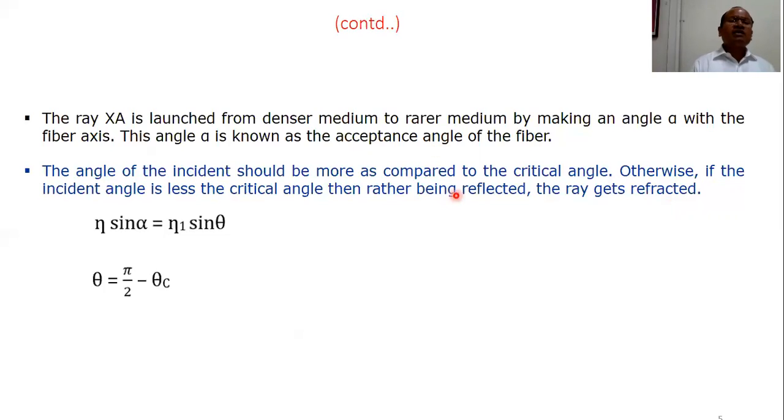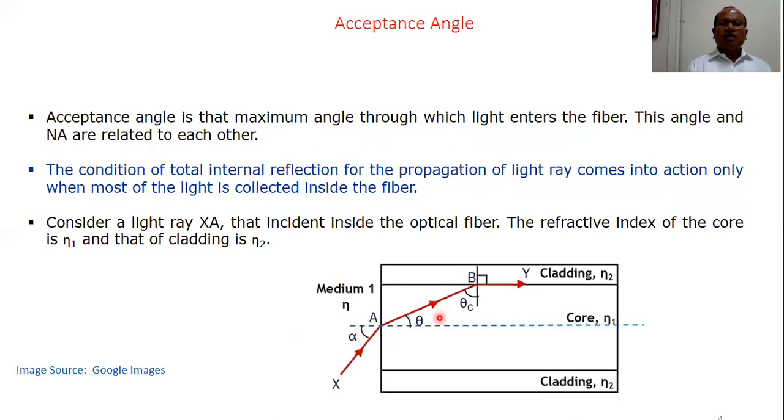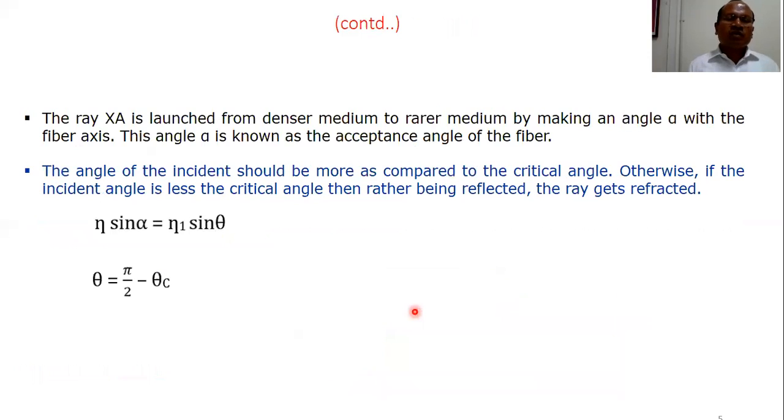So if we write Snell's law here, at this interface we know alpha here, here is theta, and the refractive index is n here, which is actually 1 for air, and here the refractive index is n1. We know that there is a formula, Snell's law. Snell's law was suggested for light entering from one medium to another medium, having two different refractive indices and two different angles, angle of incidence and angle of refraction.